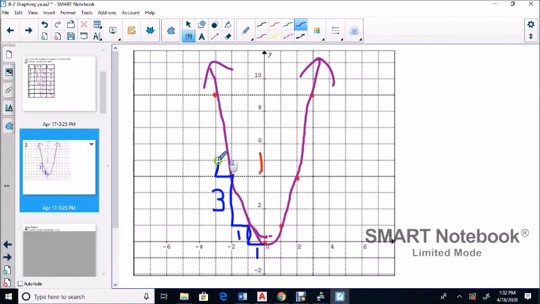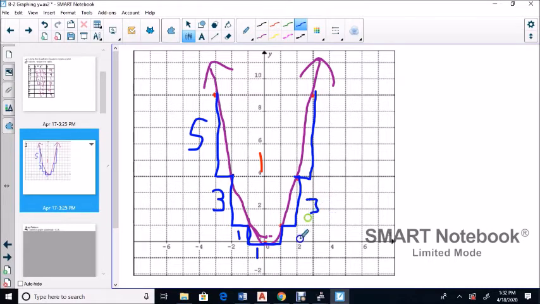And then I'm going to go 1, 2, 3, 4, 5. Okay, so our step pattern, we always go over 1 and up by these numbers, 1, 3, 5. Same thing on the other side. You go over 1, up 1, over 1, up 3, over 1, up 5.